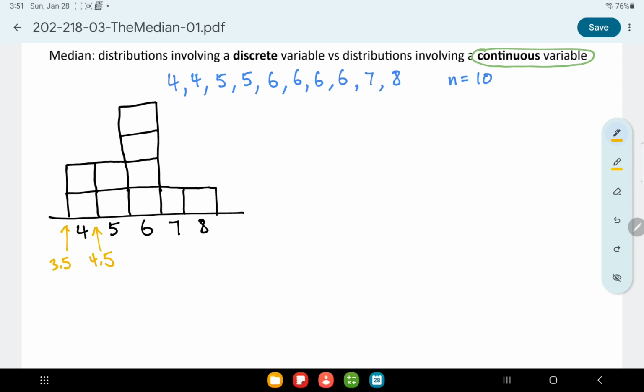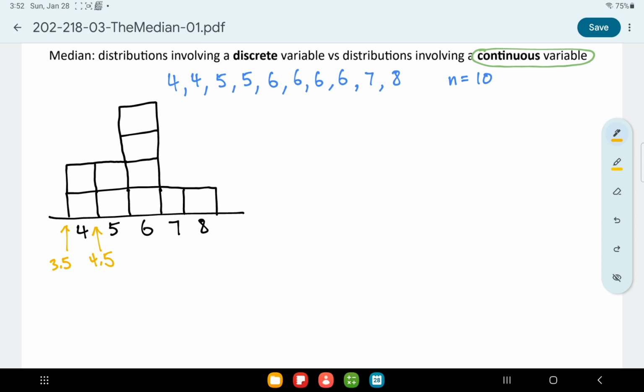One way to wrap your hand around the concept is that numbers with measurements anywhere between 3.5 and 4.5 would be categorized and counted in the category of the number 4. For the number 5, it represents an upper limit of 5.5 and a lower limit of 4.5.